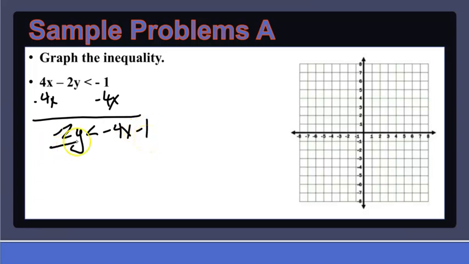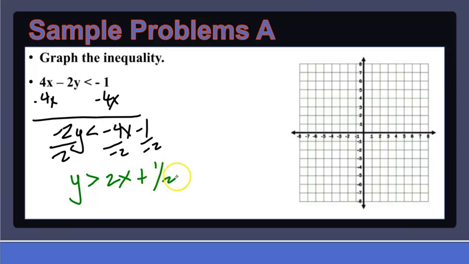To get y by itself, I'm going to divide by negative 2 on both sides. And since I'm dividing by a negative with inequalities, I have to flip the symbol, so now it's greater than. Negative 4x divided by negative 2 is a positive 2x. Negative 1 divided by negative 2 is a positive 1/2.